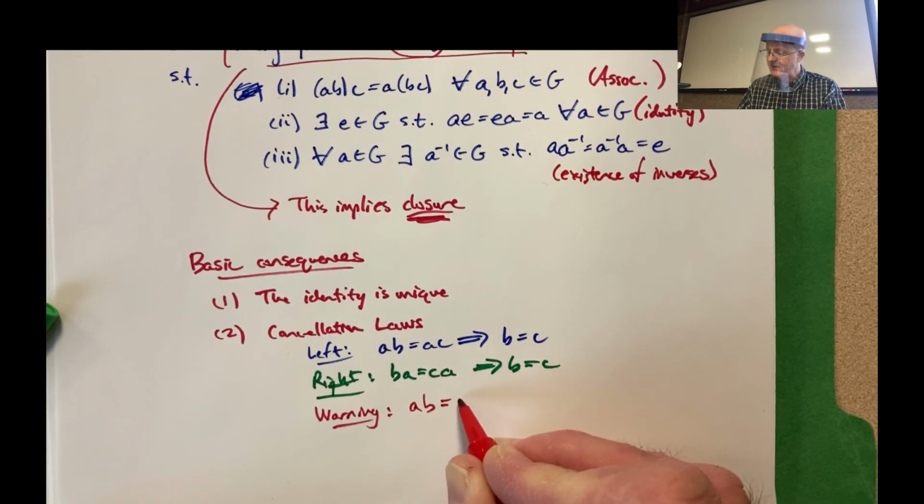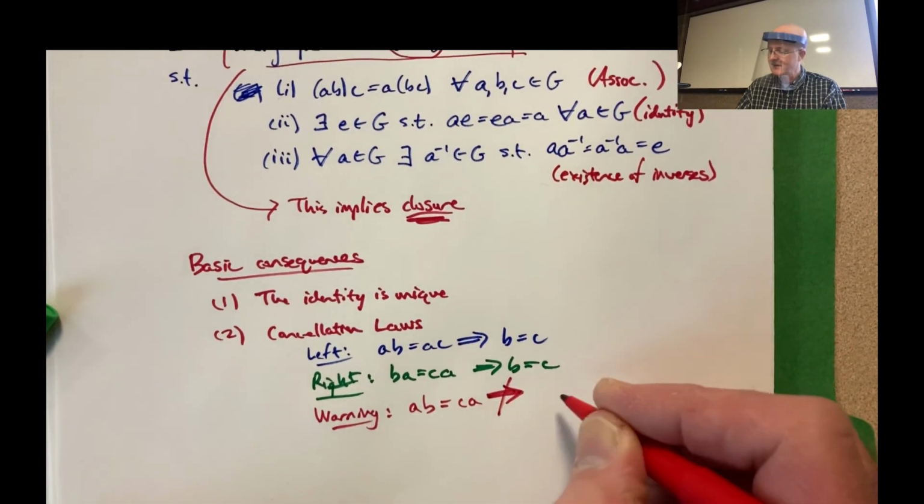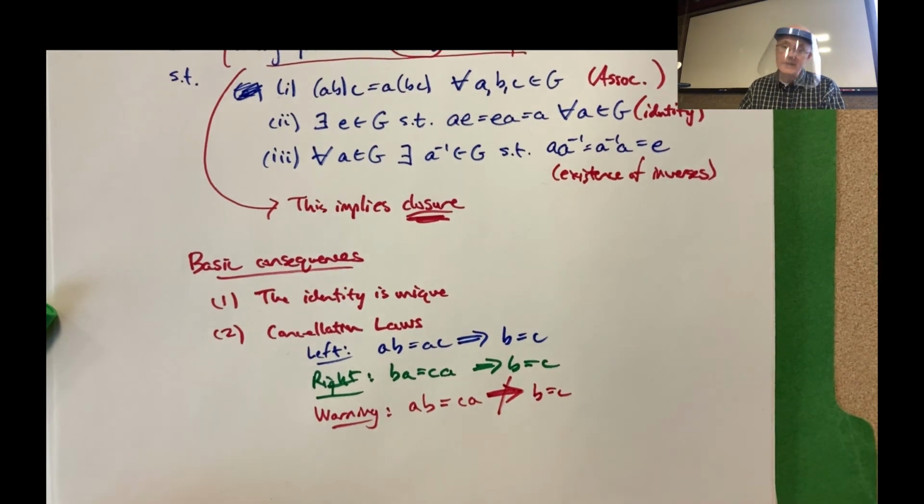AB equals CA does not necessarily in general imply B equals C. They could be equal, but not necessarily. If the operation happens to be commutative, if it's what's called an abelian group, then that would be true. But in general, you cannot assume that the group is abelian. You cannot assume that the operation is commutative.